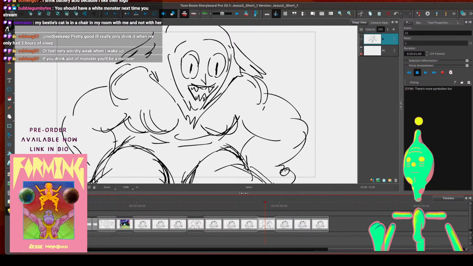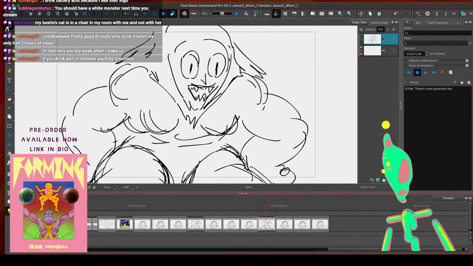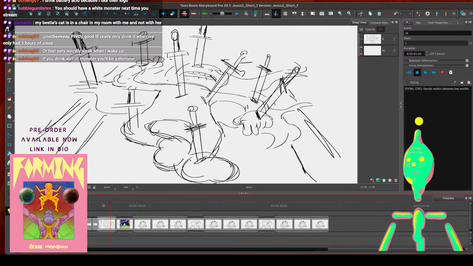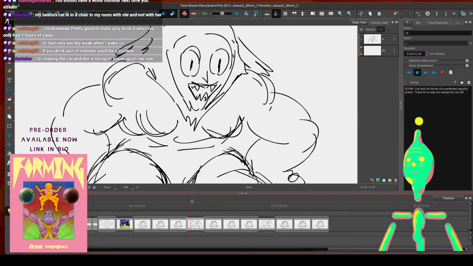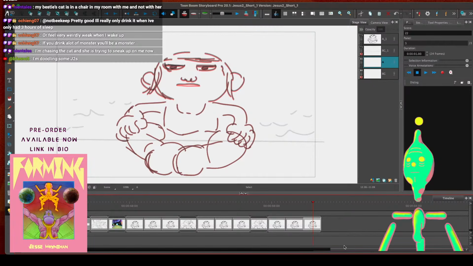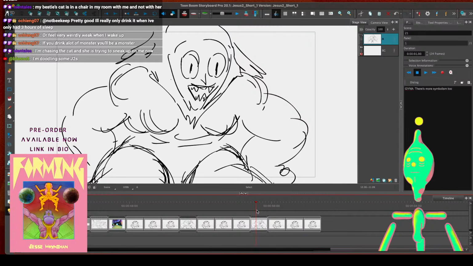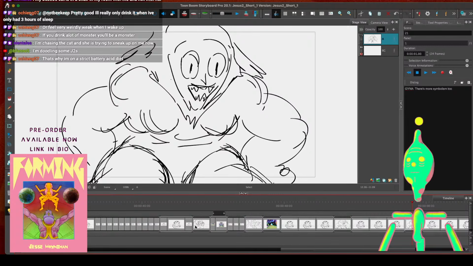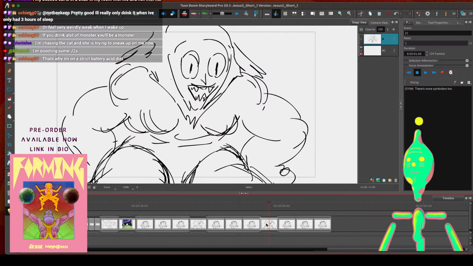If you drink a lot of Monster, you'll be a monster. Hopefully this works for the staging. So we'll go from here. One second, we'll go from here.